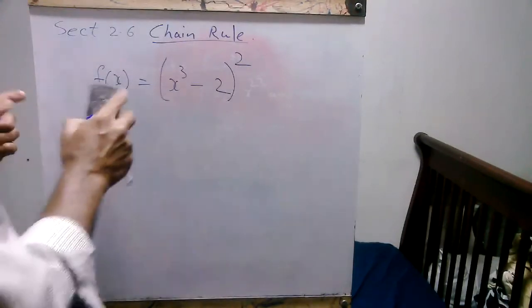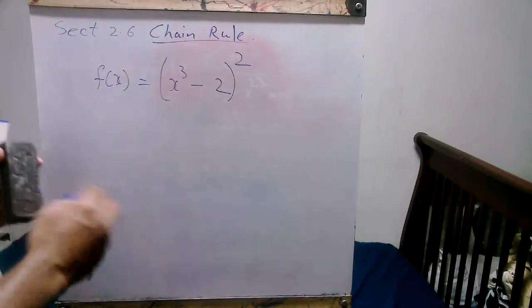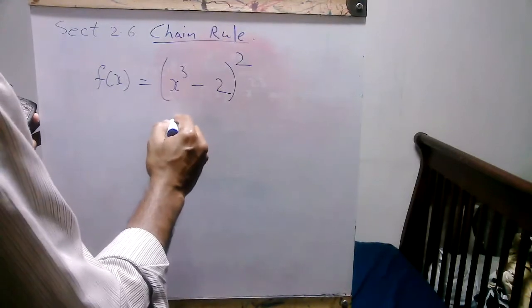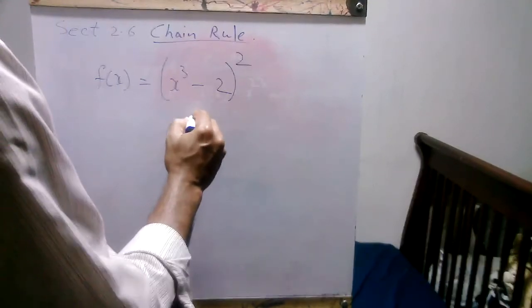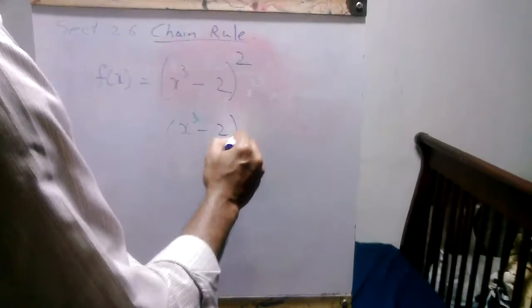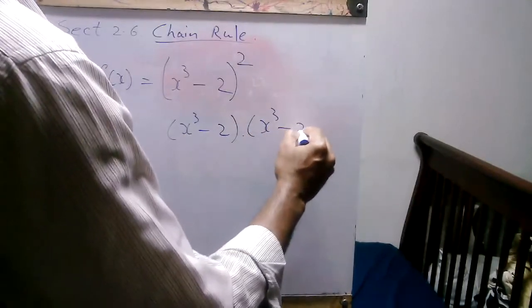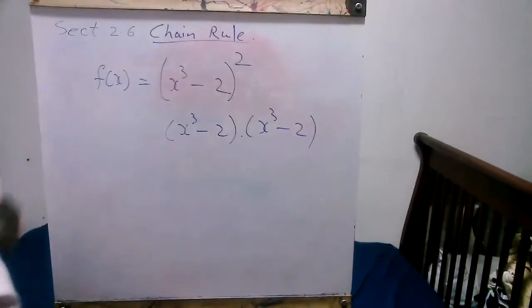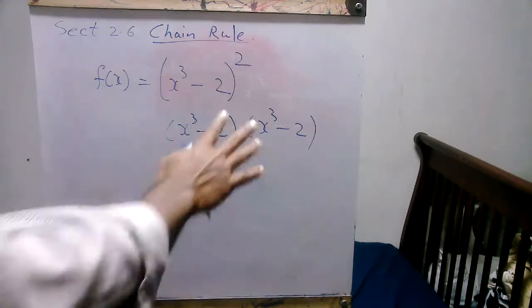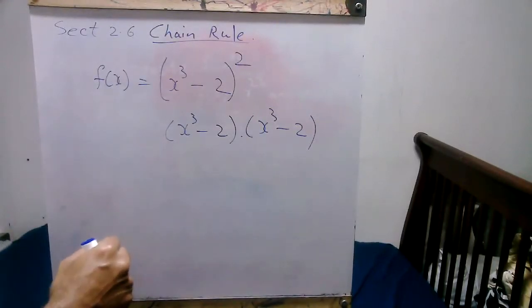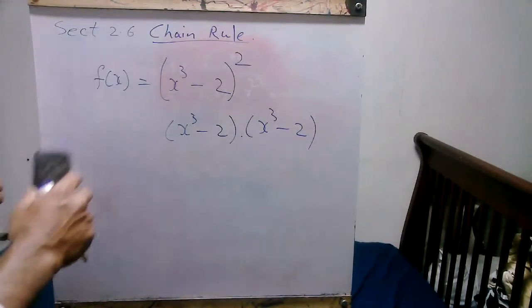One way we can do this is to write this as a product, x cubed minus 2 times x cubed minus 2. After that, this is a product, so we can use the product rule.